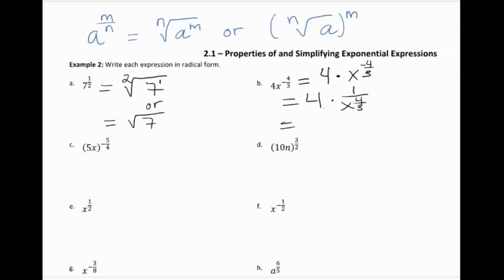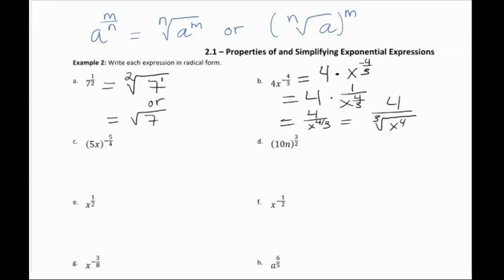And then if we multiply the fractions, we're going to have 4 over x to the 4th over 3. And then we change this to a radical form. So this is going to be 4 over the cube root, because the denominator is my index, x to the 4th.